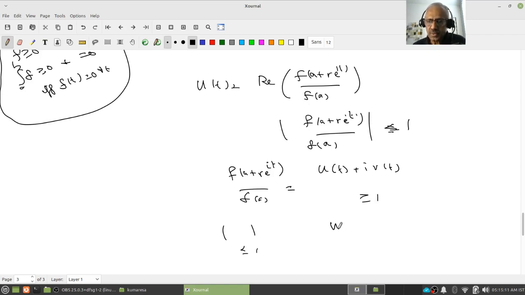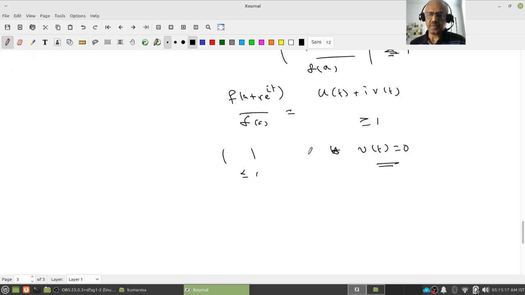Therefore that means v of t must be 0. See, modulus squared is u squared plus v of t whole squared, but this is already greater than or equal to 1 plus something greater than or equal to 0. Okay, that shows this must be 0.